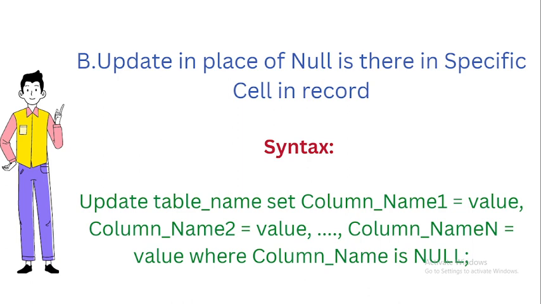A very important thing to note here is that we are using column name IS NULL. We have to use the keyword IS NULL to replace a value where the value was null.